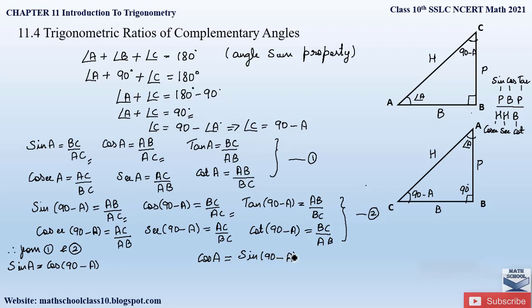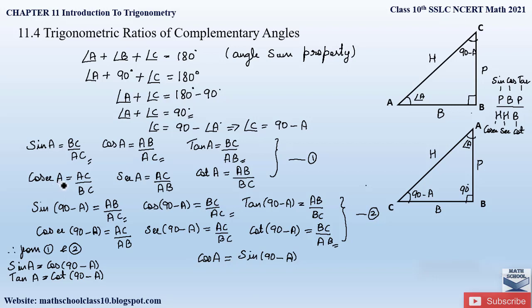Similarly, you can check for all the other equations. Here we have tan A is equal to BC by AB in the first equation, and in the second equation we have cot 90 minus A is equal to BC by AB. So therefore, since right hand sides are equal, we will write the left hand sides equal, that is tan A is equal to cot 90 minus A.